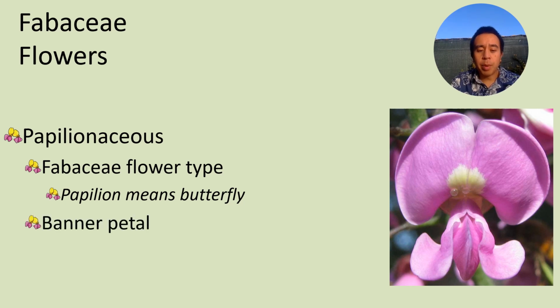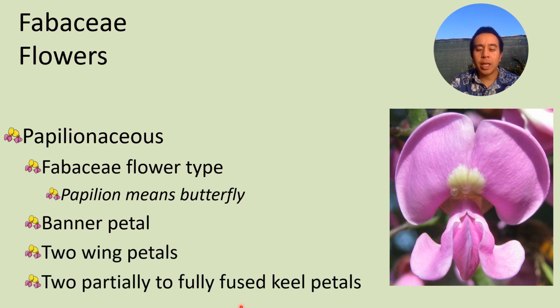It has a banner petal. I'm not sure if you'll be able to see this laser pointer, but here's the banner petal. Then it also has two wing petals and a partially fused keel petal. Here are the two wing petals, which split off on the bottom. And the partially fused keel petal is this one right down the center on the bottom side of that flower.